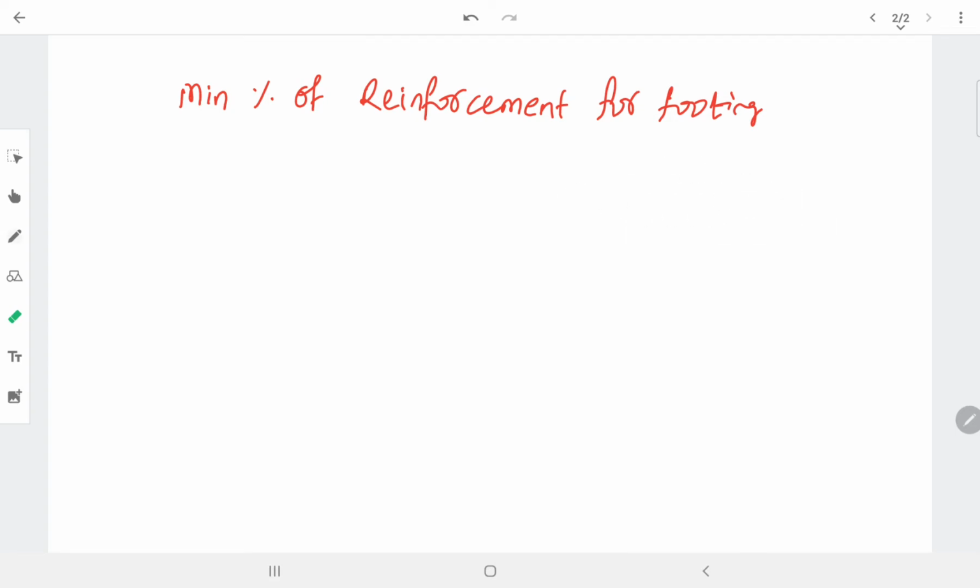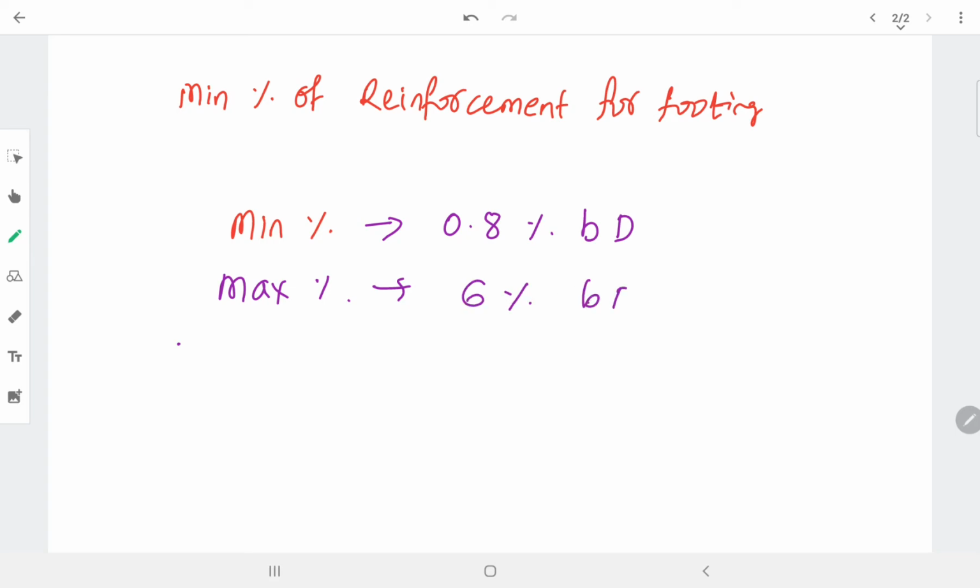Okay, and earlier in the last video we discussed the basics about the column, where the minimum percentage of reinforcement for column is around 0.8% of B into D, and the maximum percentage is around 6% of B into D. This guideline is given in IS 456 page number 48.